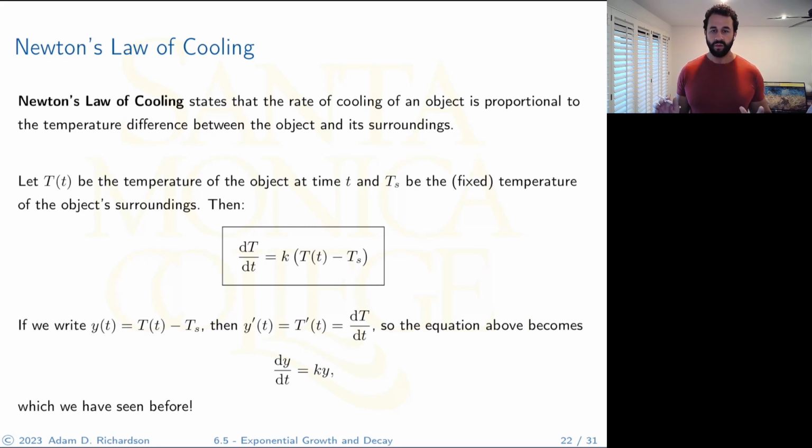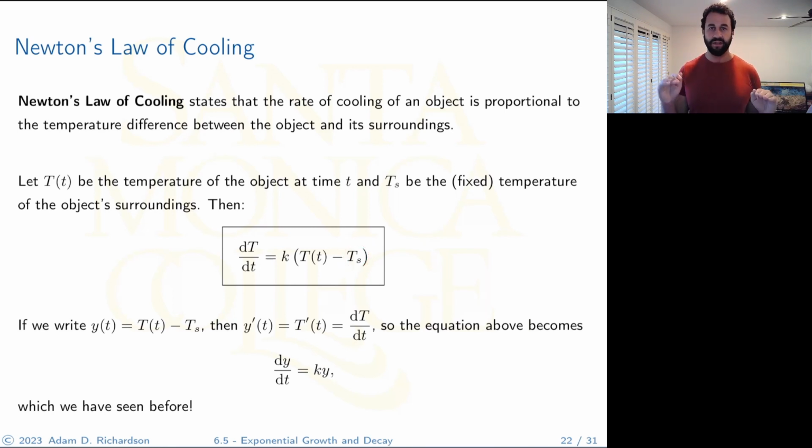One thing I want to point out here is that we're assuming that the surrounding temperature is a fixed number. You can adjust this later on when you take a course in differential equations, but for now, to keep things simple, we're assuming it's fixed.